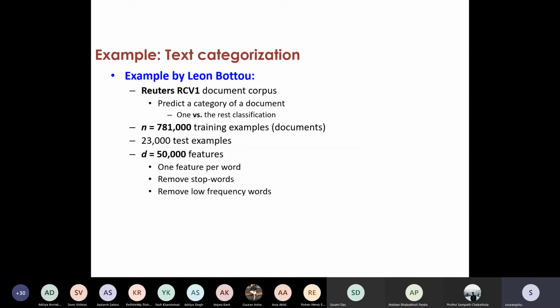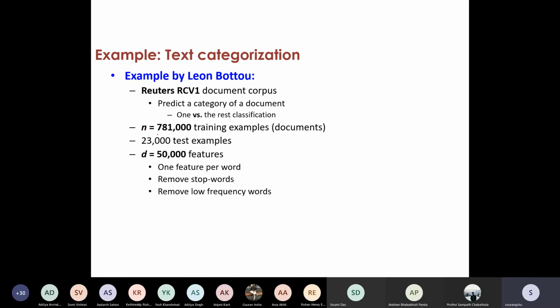Now I'm just going to show you an example from the Leon Bottou paper, which initially proposed this. The problem here is classification using the Reuters RCV1 document corpus. You have many text documents, and you have to classify them into one of the many categories.